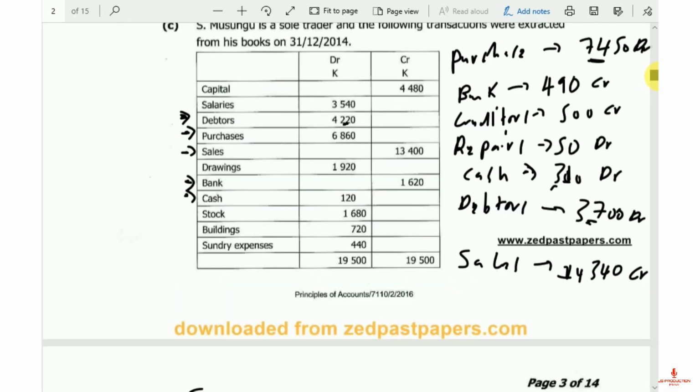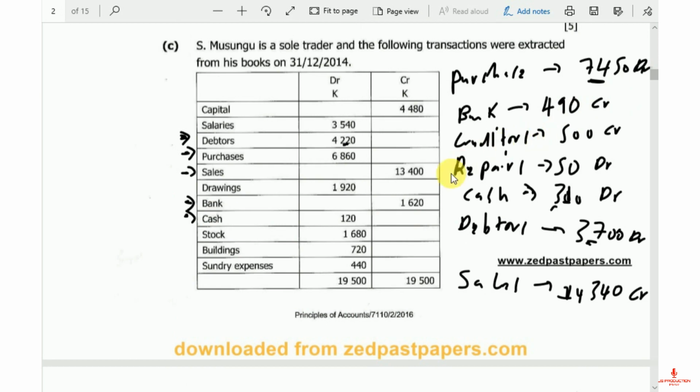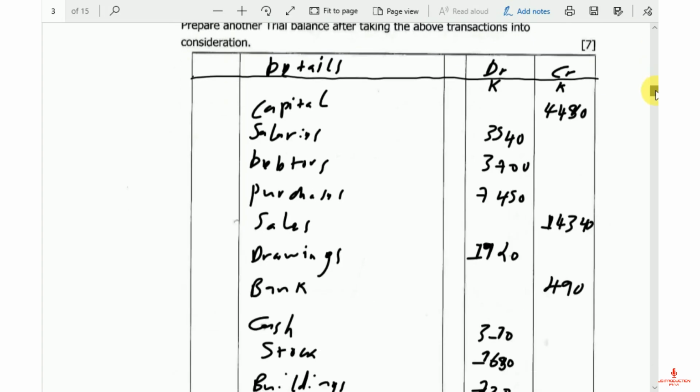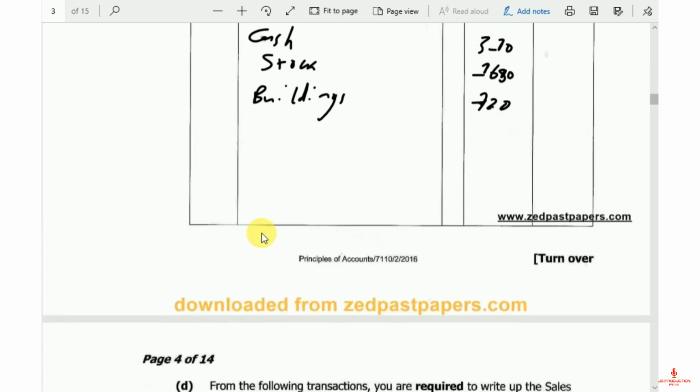Then we also have sundry expenses, which amounted to 440, and that was not affected.